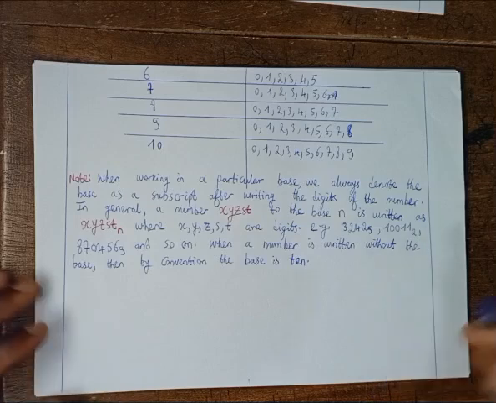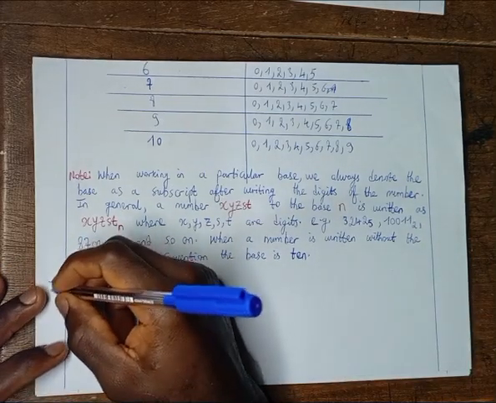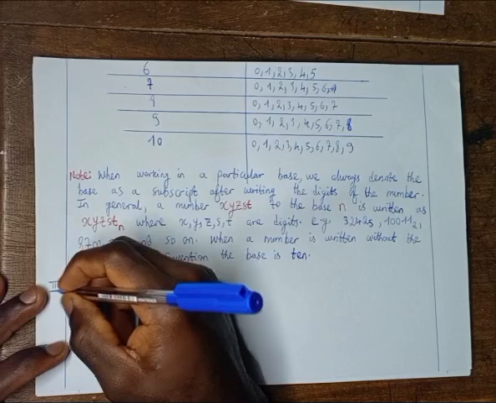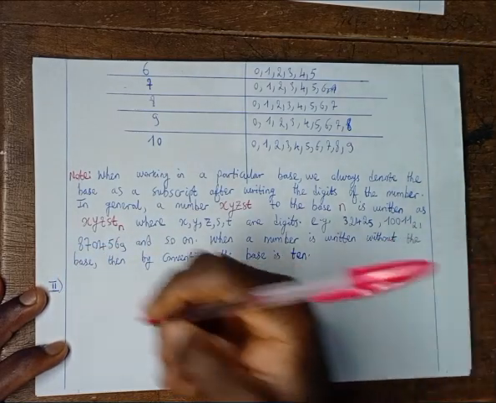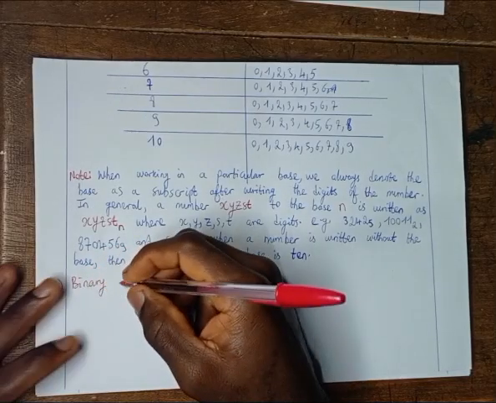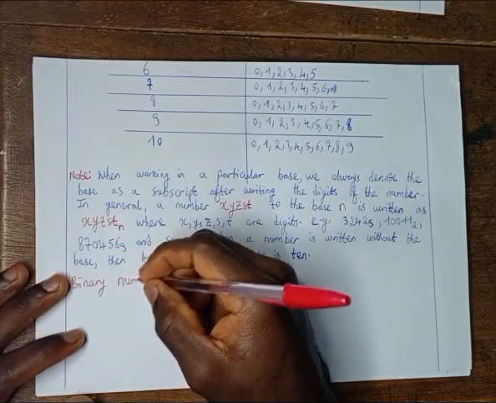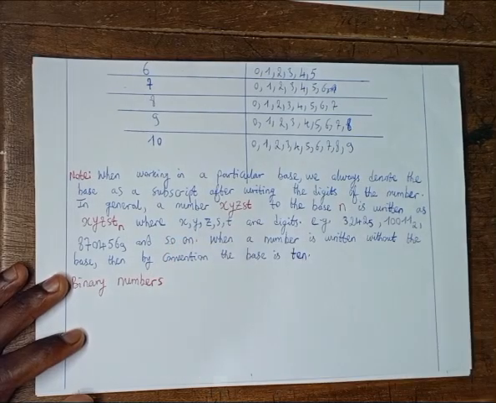Remember, we were treating ordinary or decimal numbers. We are going to take binary numbers now. When you hear bi, you think of two things: binary numbers.